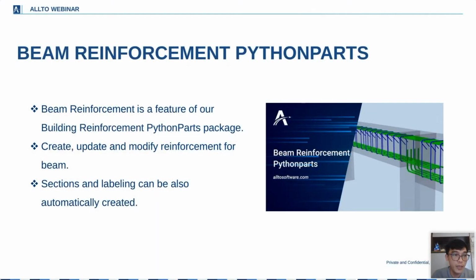Beam reinforcement is a feature of our building reinforcement Python part package in ALLPLAN software that lets you create, update, and modify reinforcement for beams, from single to continuous and complex ones. It places reinforcement, support rebar, and stirrups based on the rules you set in the configuration.